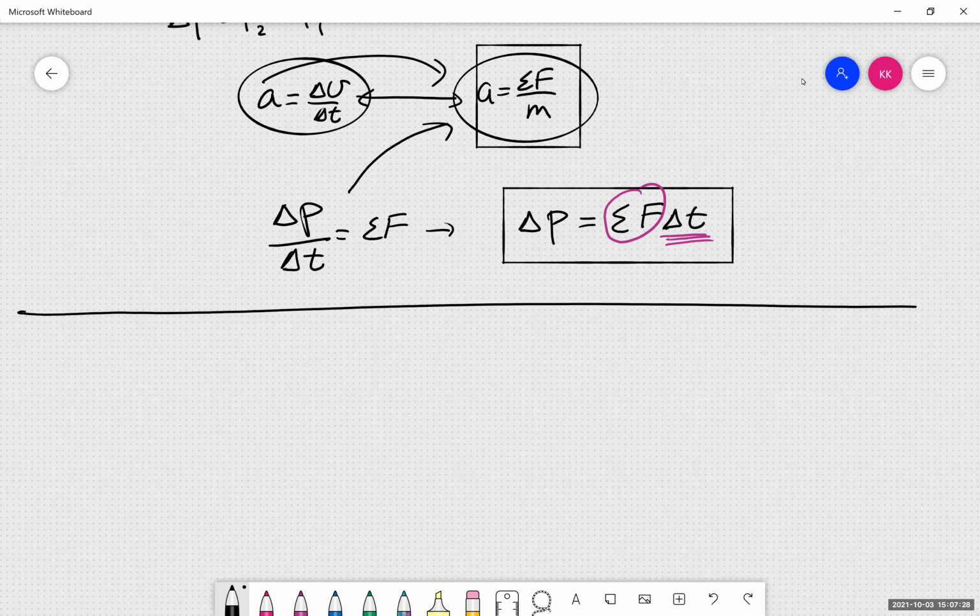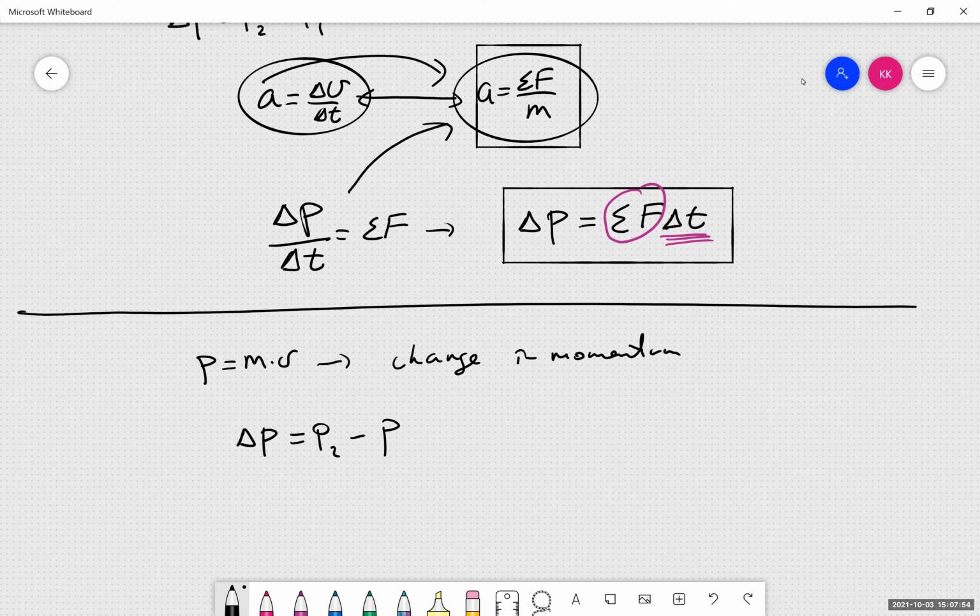The idea here is that momentum is mass times velocity, but much more important is the information we get from looking at the change in momentum, which is written as delta P. This means the object's momentum 2, after, minus the object's momentum 1, before, is due to some kind of force that was acting in some short time interval.